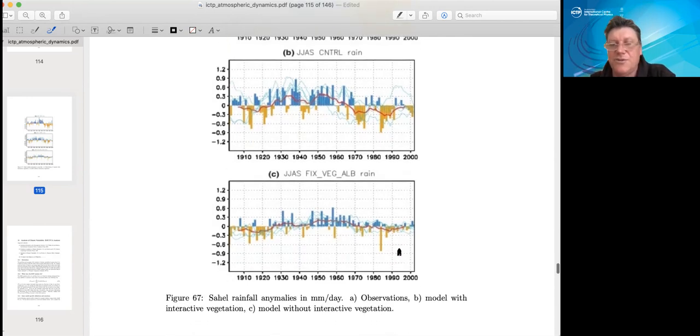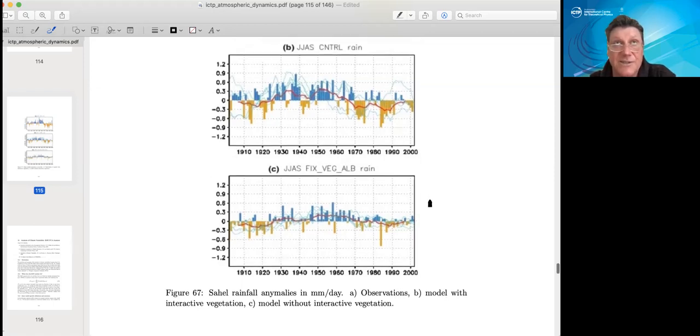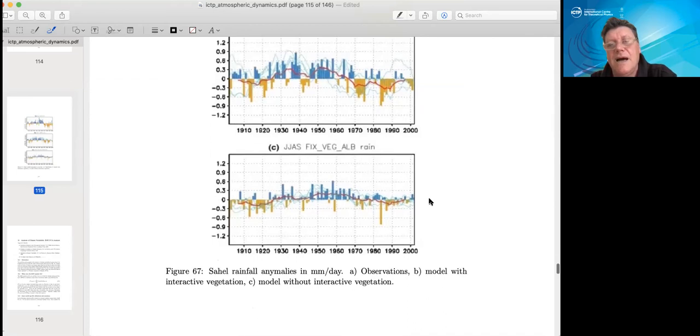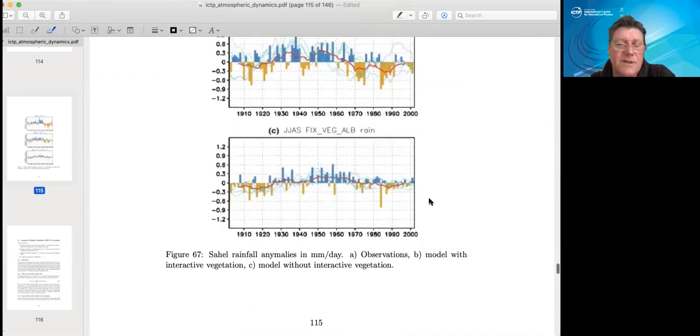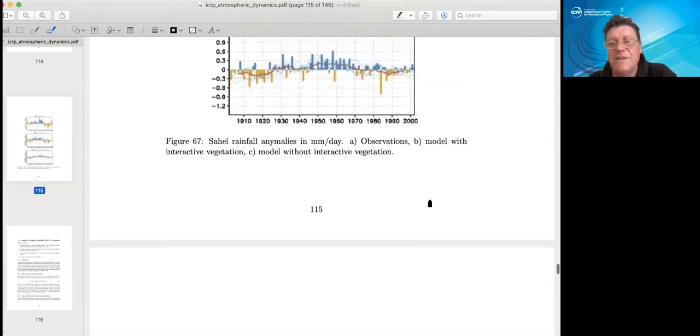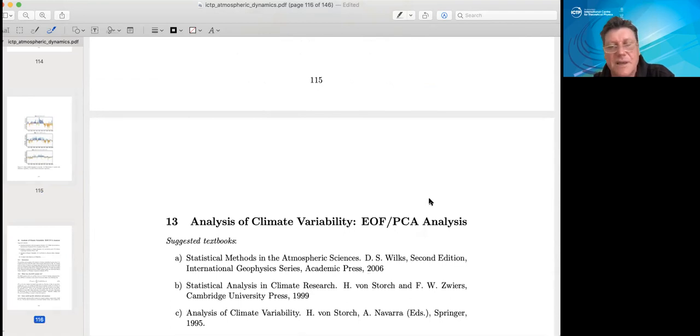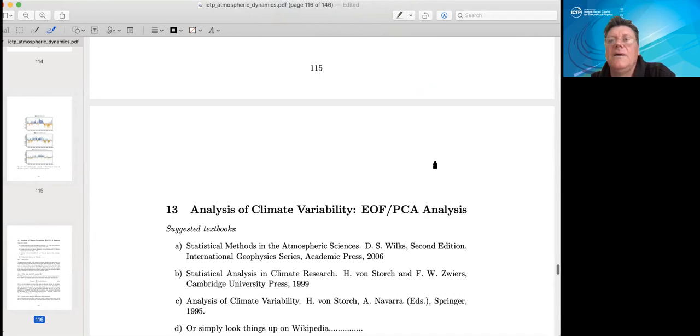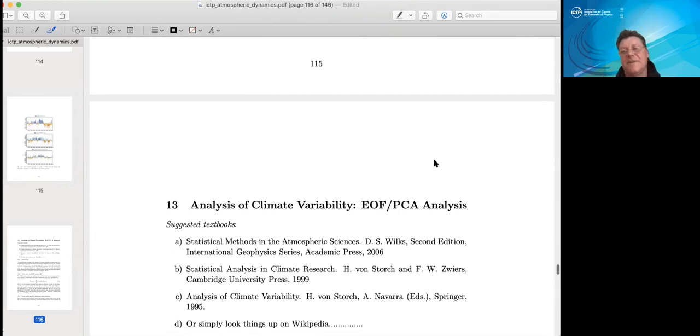I think this is a very commonly accepted hypothesis, that the vegetation and land surface feedback are very important in the Sahel region, and then maybe reinforced by some other processes like aerosols and so on.